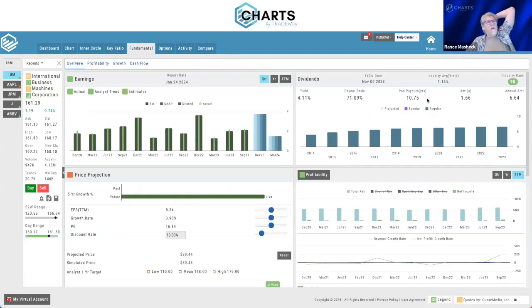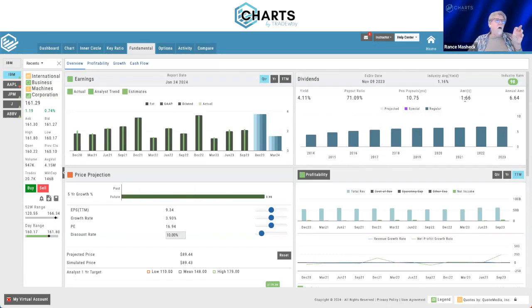Then the number of years where it's been positive payouts. Now, what I mean by that is they've either been stable or increasing. So in the case of IBM, it's been almost 11 years since they've had any kind of a drop in their dividends. So it shows the stability of that. And then it shows you the amount that's paid out each quarter and the annual amount.